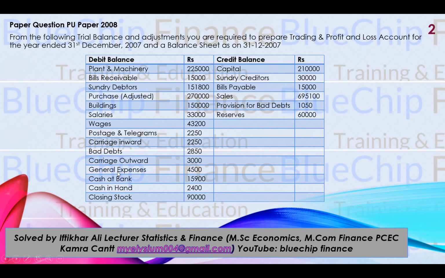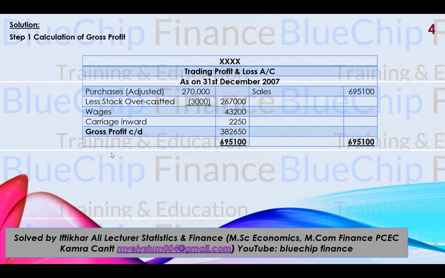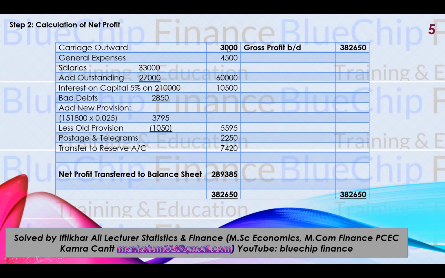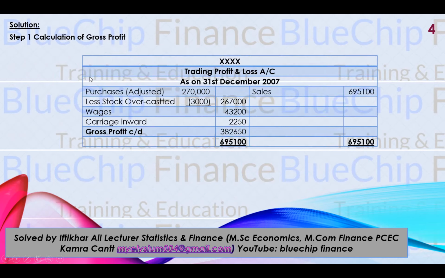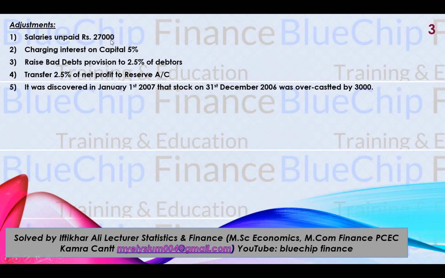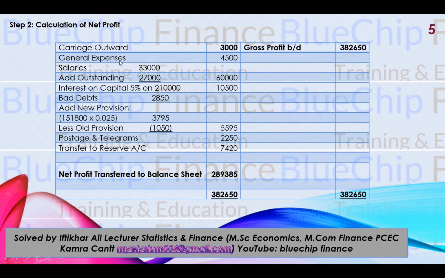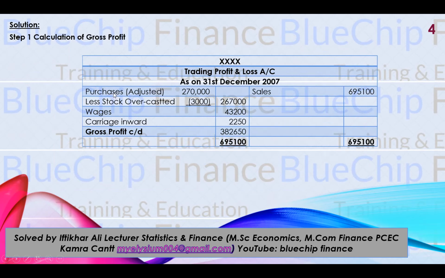तकरीबन यही। और बाकी वो बैड डेट की ट्रीटमेंट है वो अभी हम करते हैं। तो ये जितने भी एक्सपेंडिचर्स हैं, कैरेज आउटवर्ड 3000, जनरल एक्सपेंसेस 4500, सैलरीज 33,000 एंड 27,000 आउटस्टैंडिंग, these should be included in the salaries 27,000.